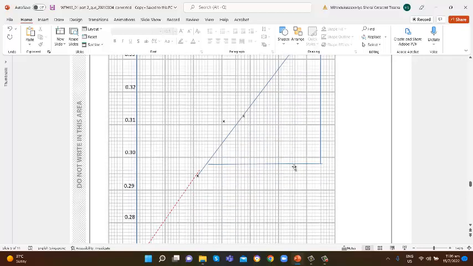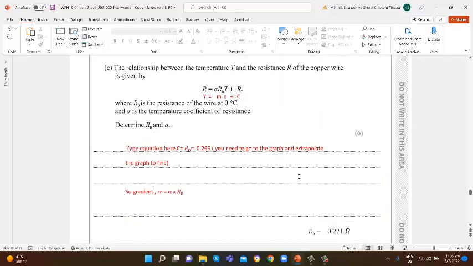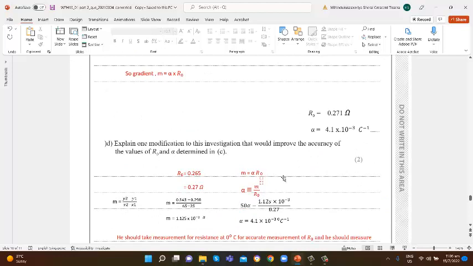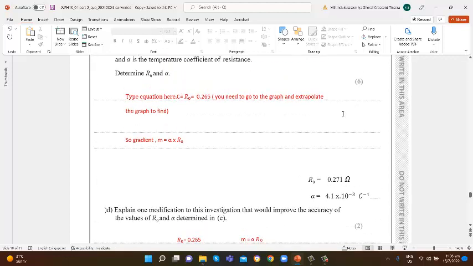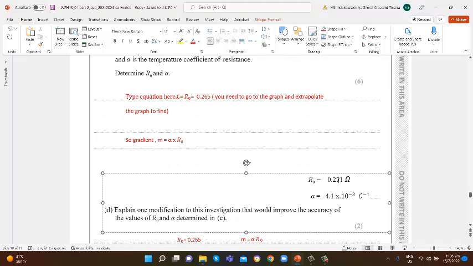Thinking that way for all the students, I wrote this. M is going to be the y difference over the x difference. Then you can calculate and get alpha and R naught from the graph. It is my graph, and it is going to be 265.